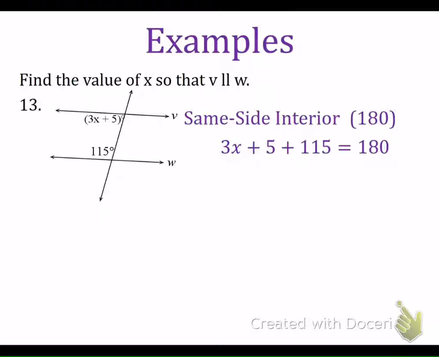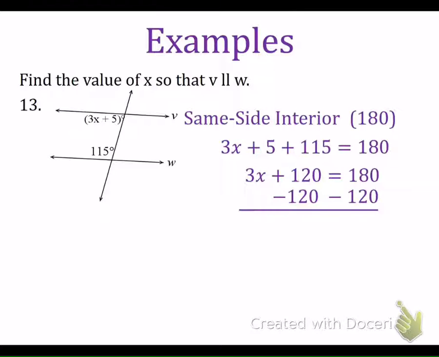So 3x plus 5 plus 115 would have to equal 180 in order for these lines to be parallel to one another. Combine like terms, you get 3x plus 120 equals 180. Subtract and divide. You get 20.